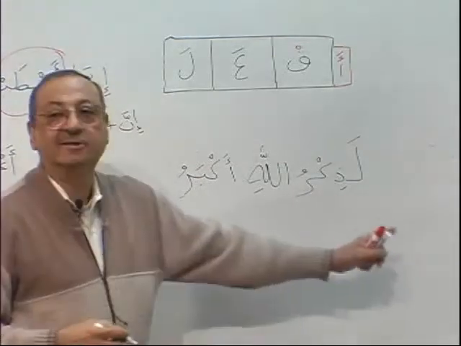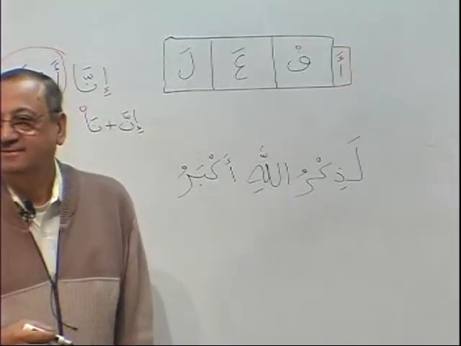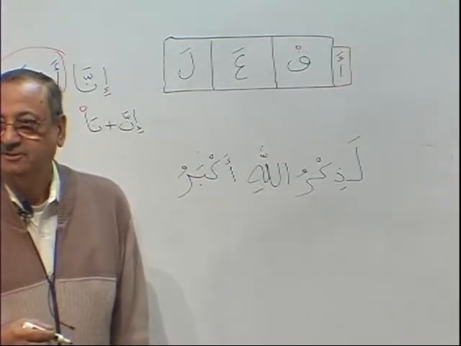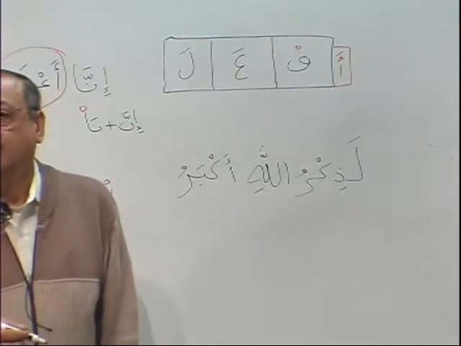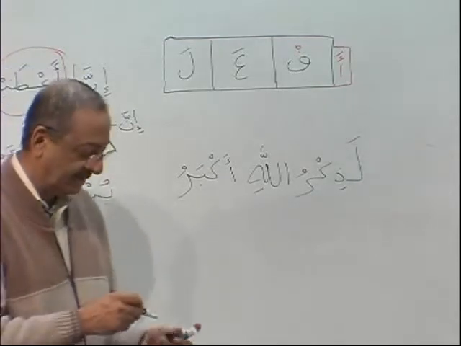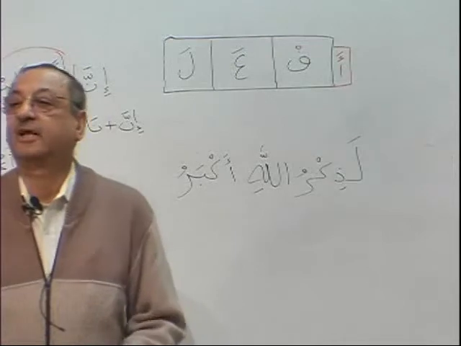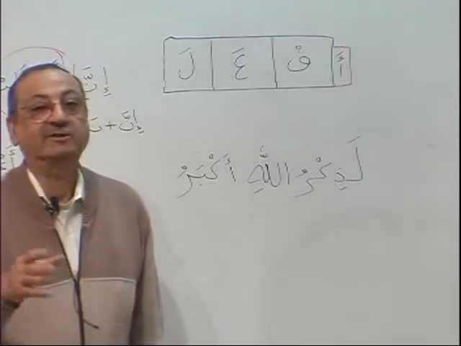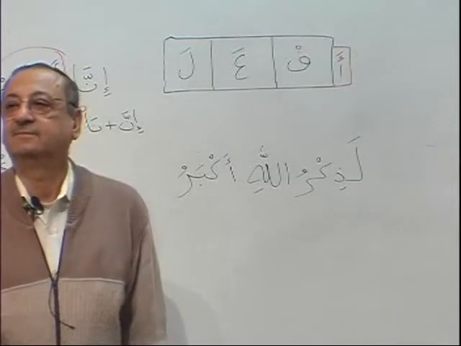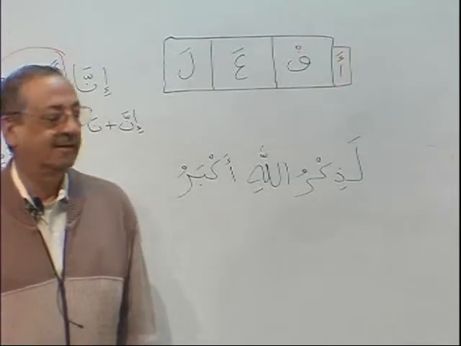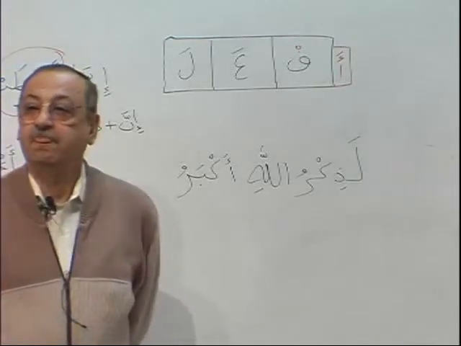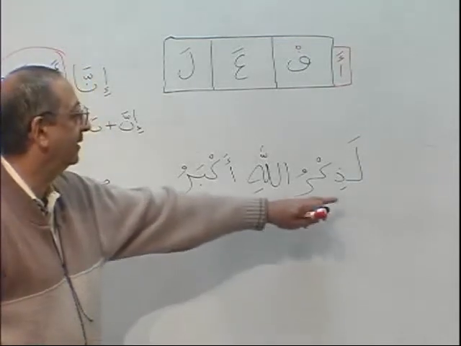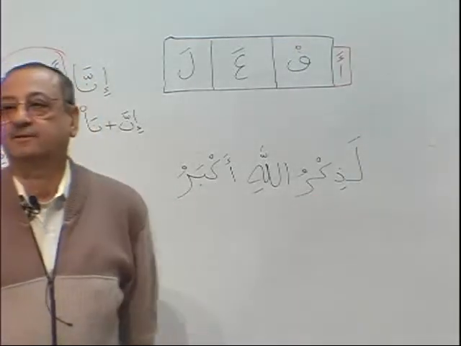So what is this lamu ibtida? Are you with me, brothers and sisters? What will you call it? Lamu ibtida. Fine. It emphasizes the whole sentence. Okay, it will always come with mubtada in the beginning, and it gives emphasis to the whole sentence.